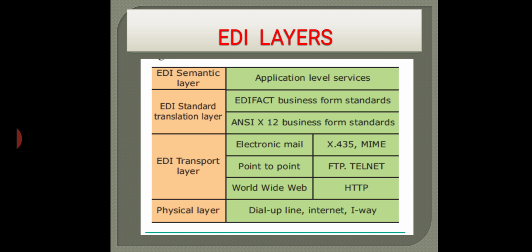In the translation layer come the EDIFACT and ANSI external business form standards. The EDI transport layer covers electronic mail, point-to-point and the world wide web. And the physical layer covers dial-up lines and the internet.